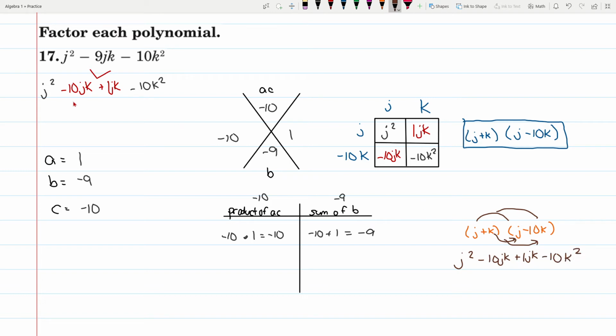And look, that's exactly what we had there. You combine these two things and you have j squared minus 9jk minus 10k squared. So with any of these, you can always go back and re-multiply it out to see if your factored answer is correct.